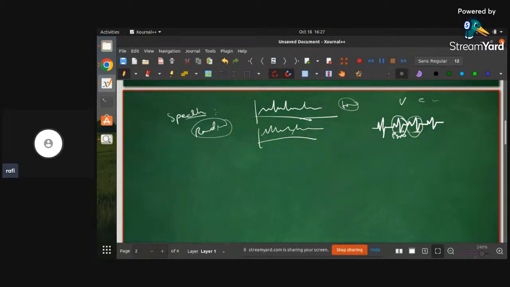You need to extract that from the ECG signal by doing some signal processing. By just looking at the time domain signal, you cannot identify. Like speech also, you cannot identify by just observing the waveforms. You need to do some signal processing.